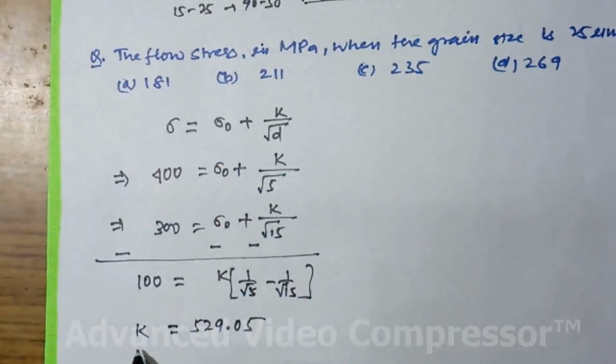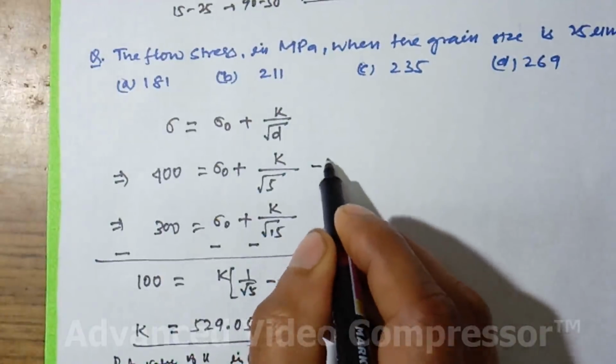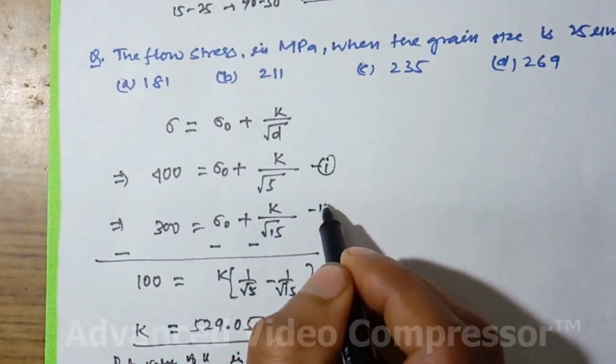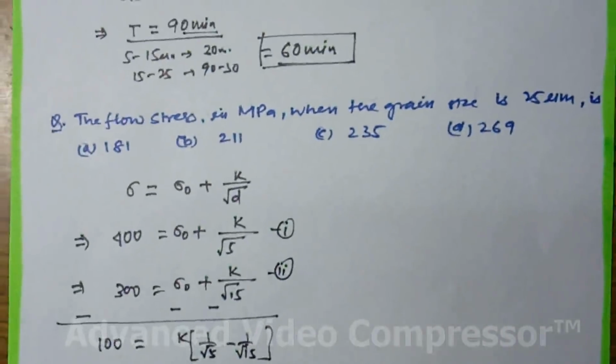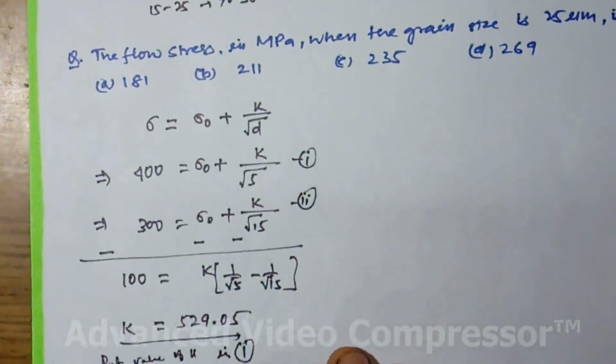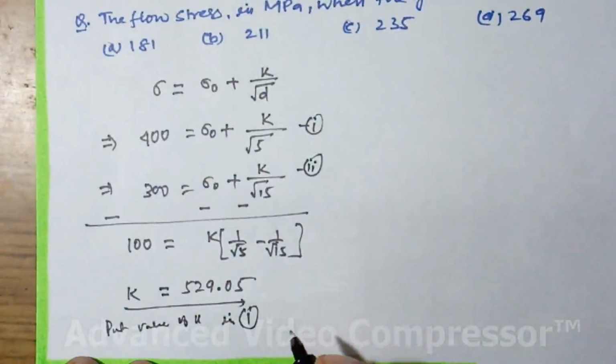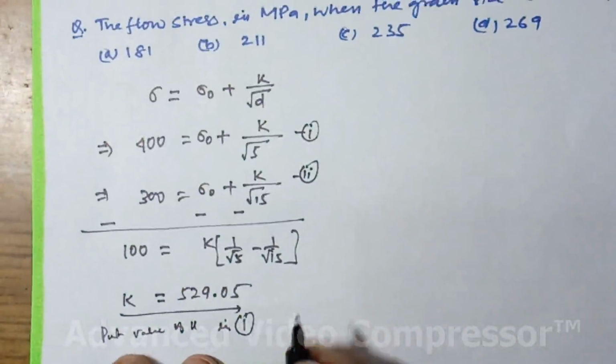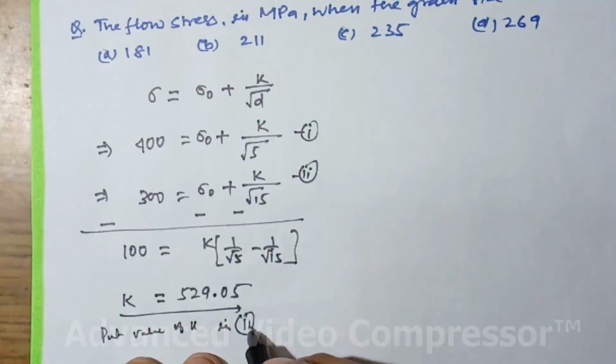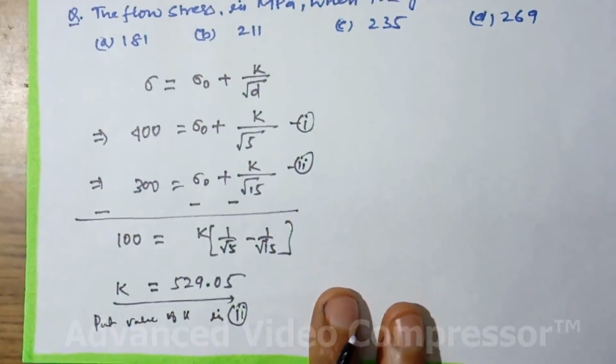Now put the value of k in equation 1 or equation 2, whatever you like. Suppose I put in equation 2, whatever you can put in 1 or 2, doesn't matter.